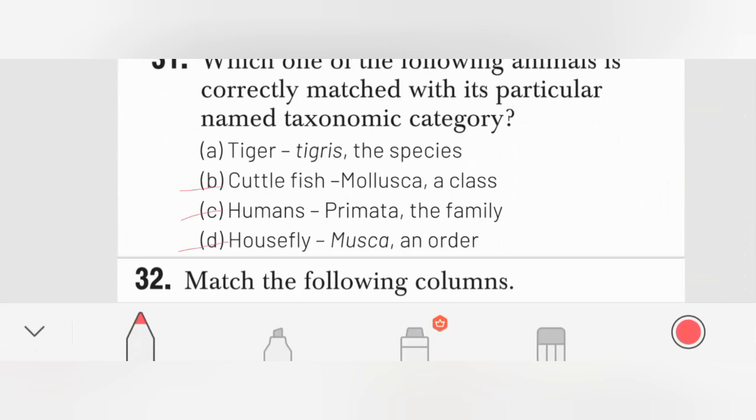So what will be the answer? Yes, the answer is A, that is tiger, tigris, the species, that is correctly matched. So what about the others? Here Mollusca is not the class, it is a phylum. Primata is not the family, it is an order, and Musca is the genus. Okay.